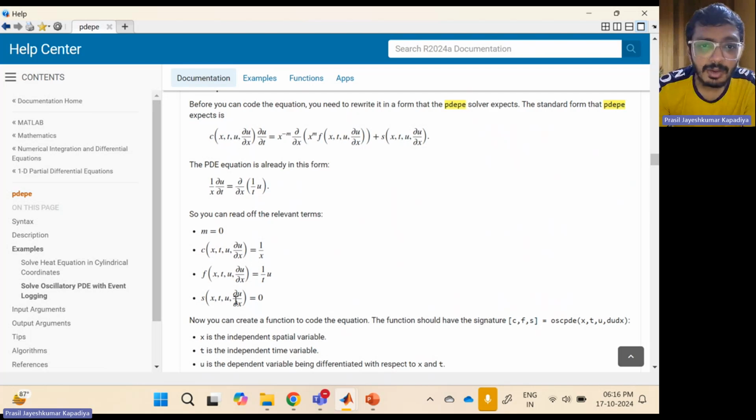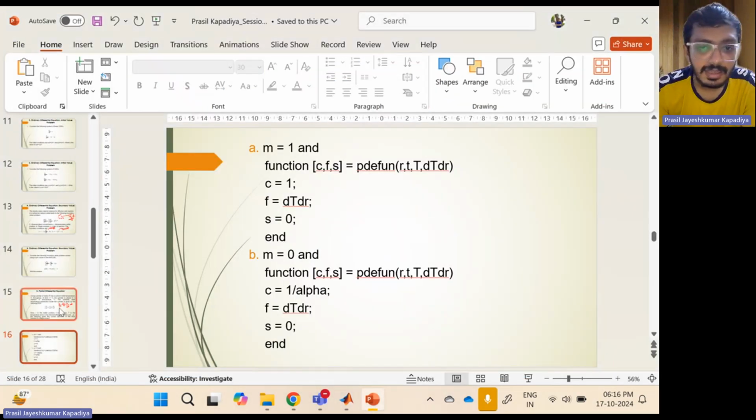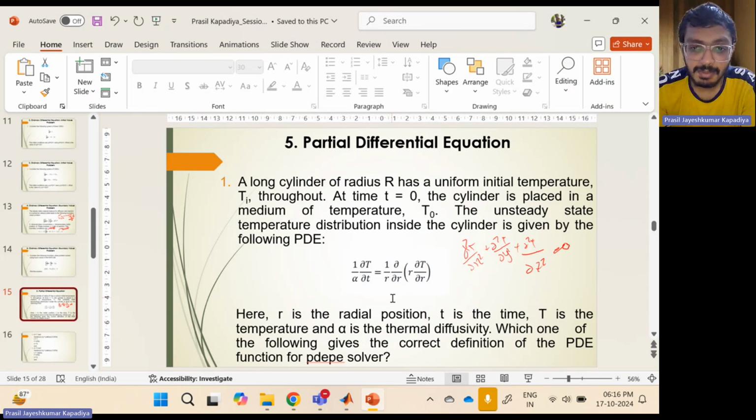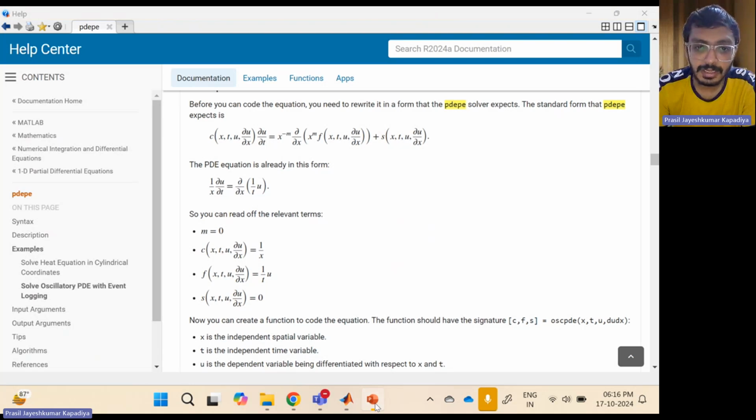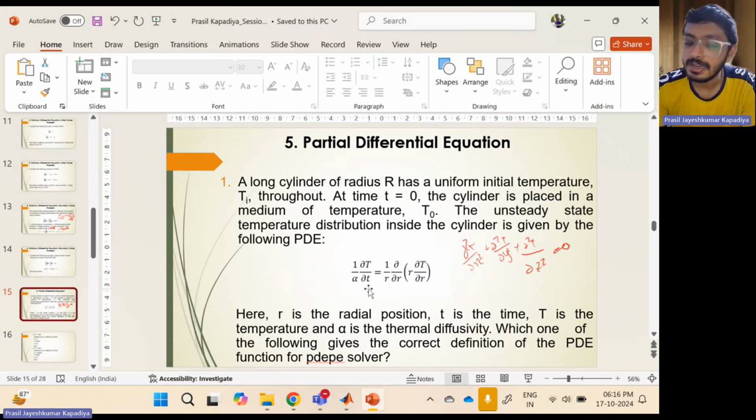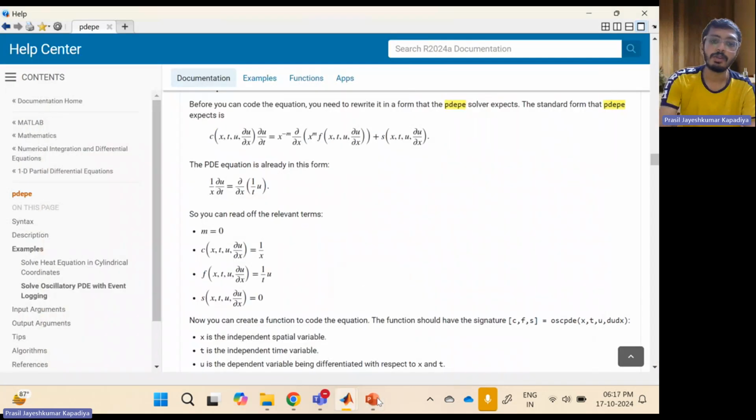Okay. If I compare this equation, the coefficient of du/dt is my c, correct? And this is x raised to minus m. So here if we see, it is r raised to minus 1, so my m is equal to 1 here. C is the coefficient of du/dt, and my coefficient of dT/dt here is 1 upon alpha. So my value of c is equal to 1 upon alpha.